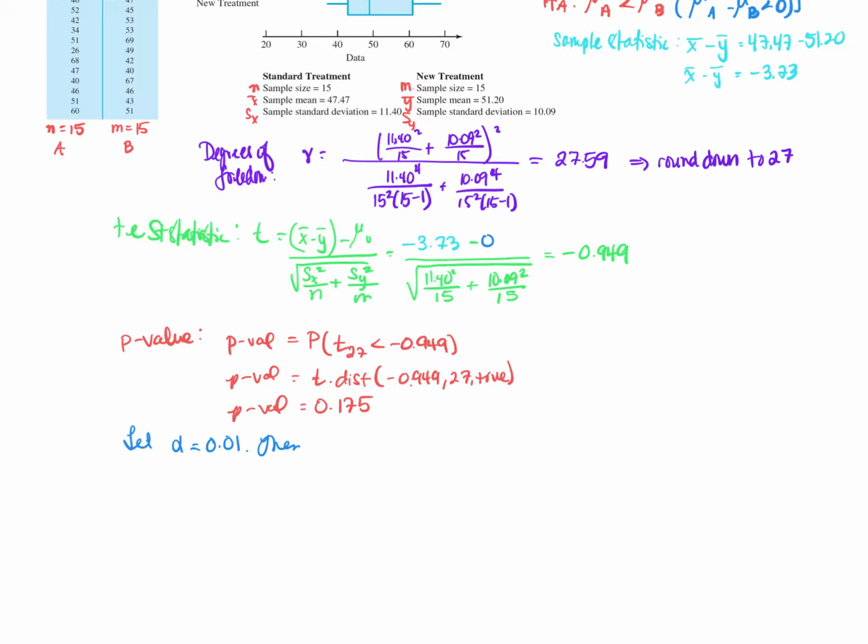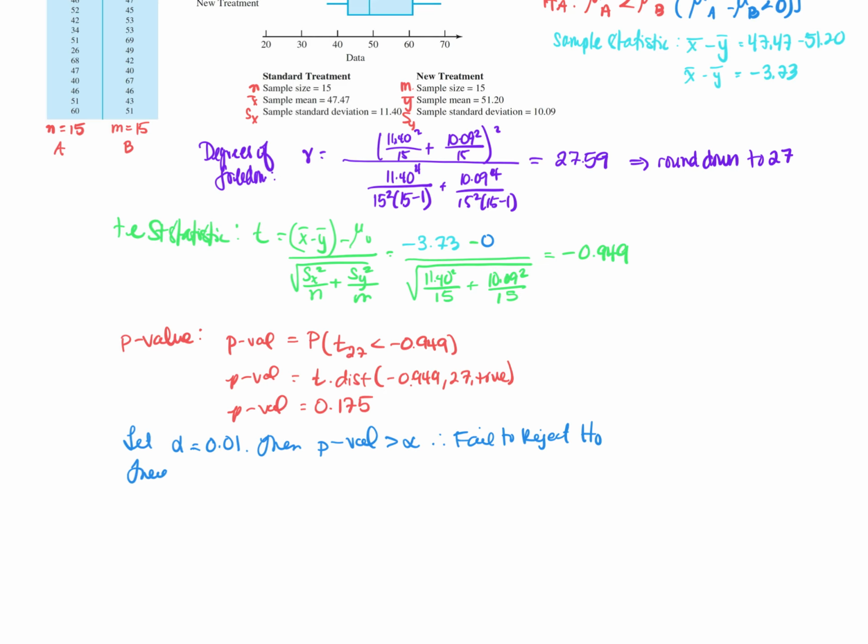And then we'll say our p-value is larger than alpha, so therefore we would fail to reject our null, which means we don't have enough evidence to show that the new treatment is actually better. So that's what we're going to say.